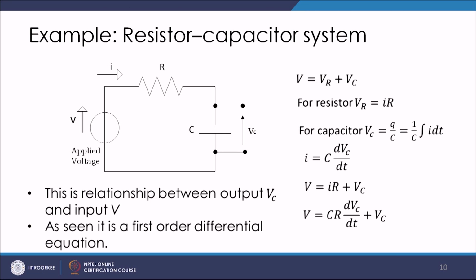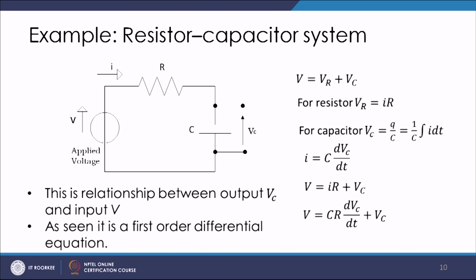Here we have a resistor and we have a capacitor. Now, there is a voltage source V here. Let the current through the circuit be I. So, what is the input here? In this circuit the input is the source voltage, and I am interested in finding the voltage across the capacitor.